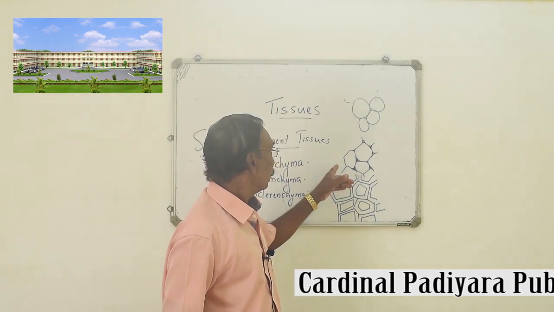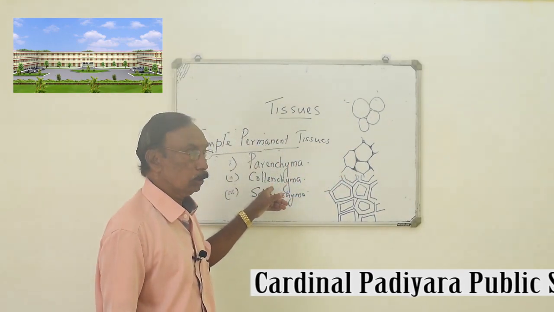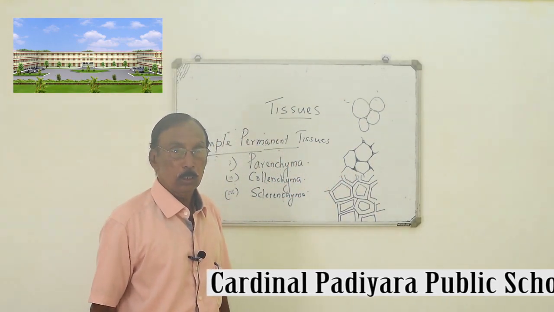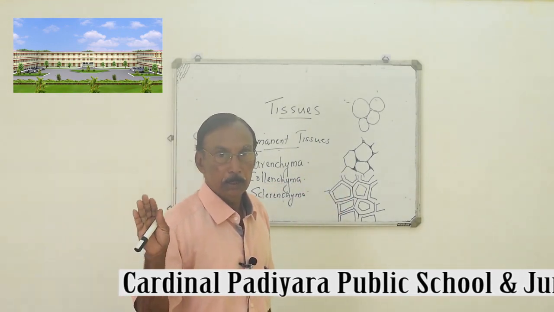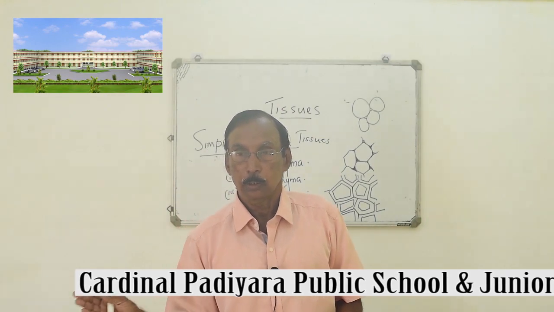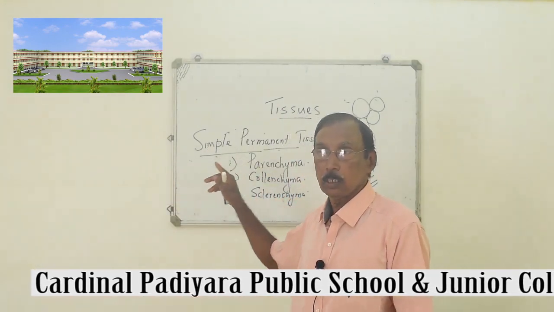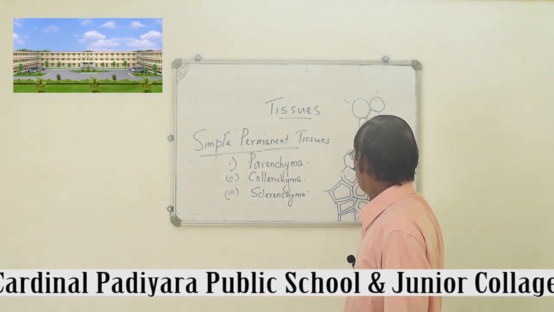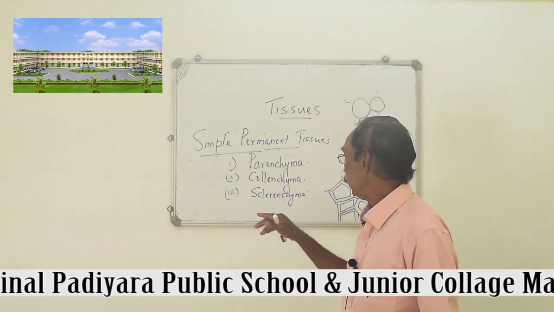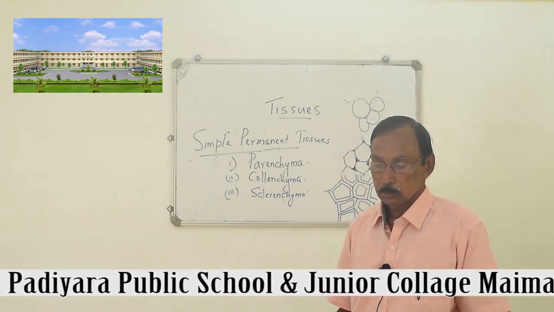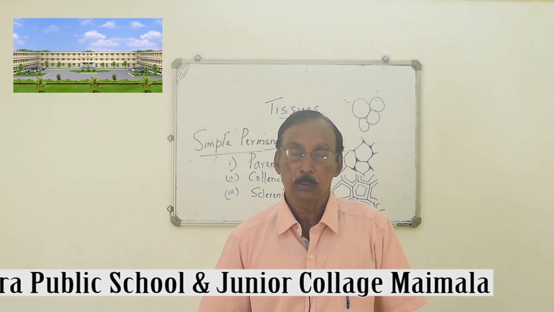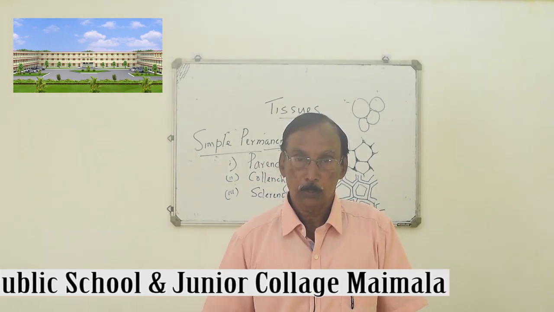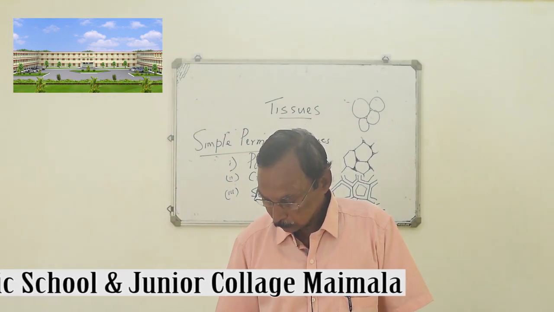The second important simple permanent tissue is collenchyma, where the corners of the cells are thick, and it lets the plant bend, for example in the leaf stalk and other parts of the plant which need bending. The third one is sclerenchyma, very thick walled cells, usually dead cells present in the hard part of the plant.